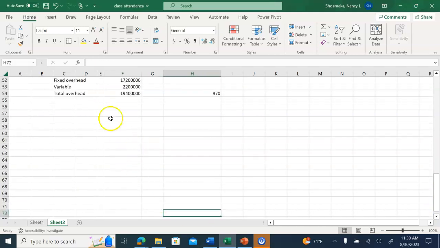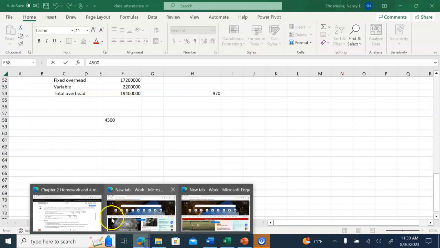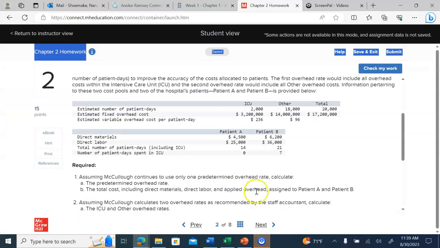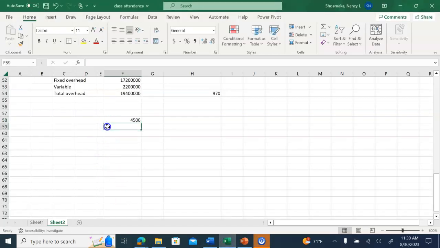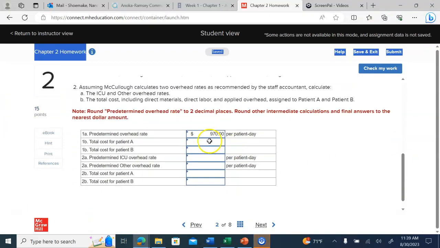So 4,500 were direct materials. 25,000 is direct labor. 14 days times how much was the amount? 970 a day. Would our total cost for patient A be 43,080? Does that make sense? How we're calculating that based on a plant-wide.